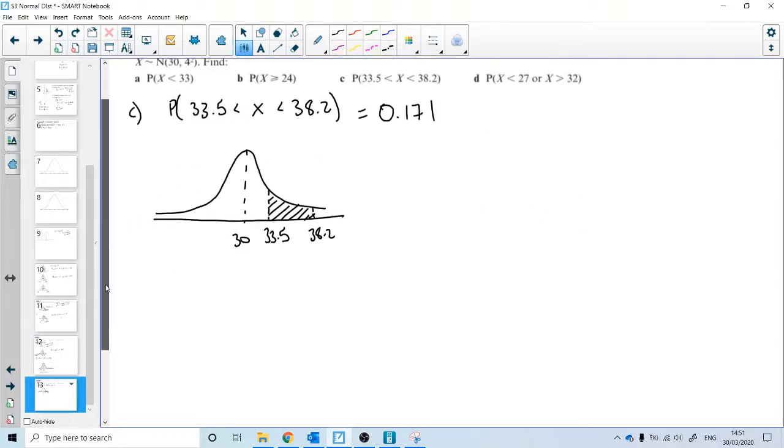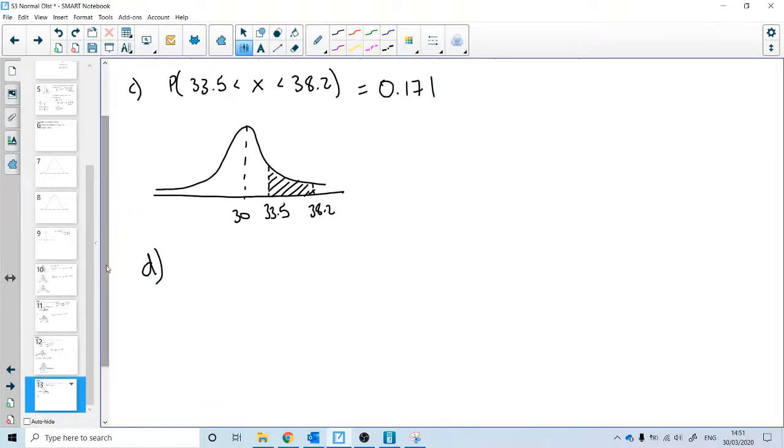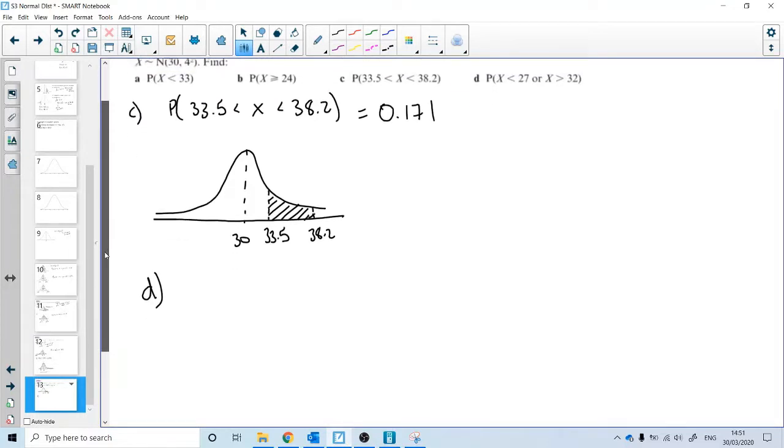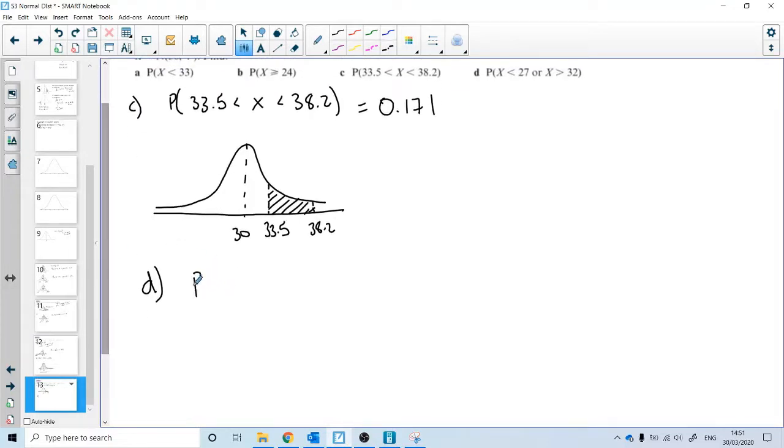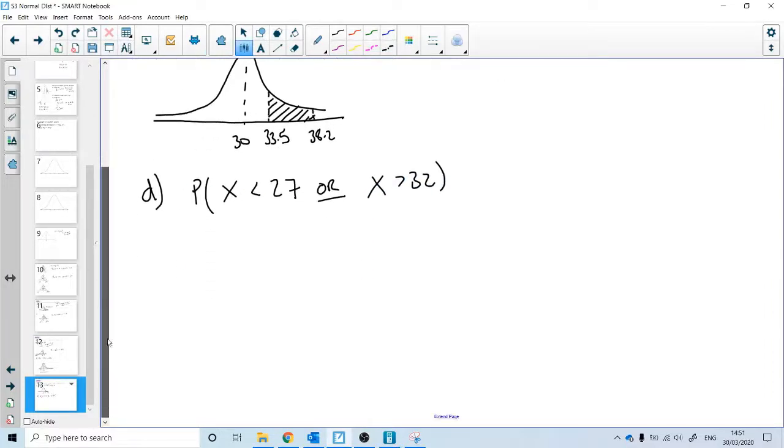And then finally, for part D, we can do exactly the same thing, but our region is going to be slightly different. So we want what's the probability of x being less than 27 or x being greater than 32. So let's draw out the distribution.